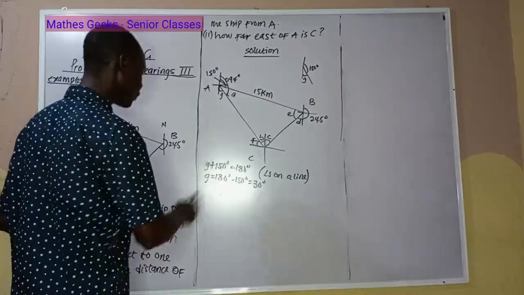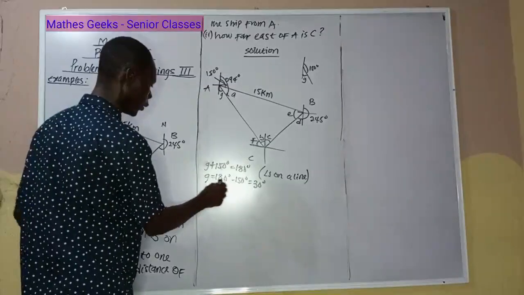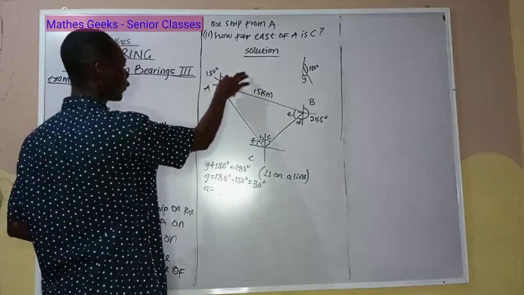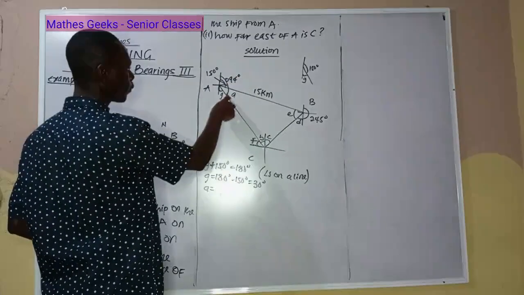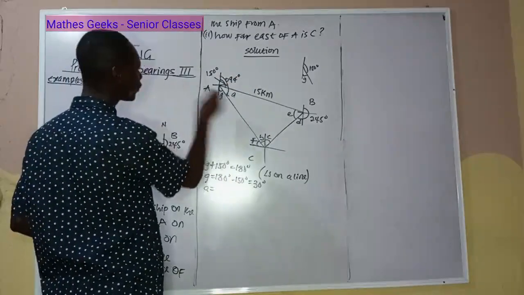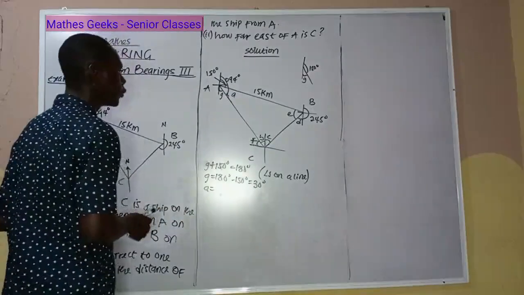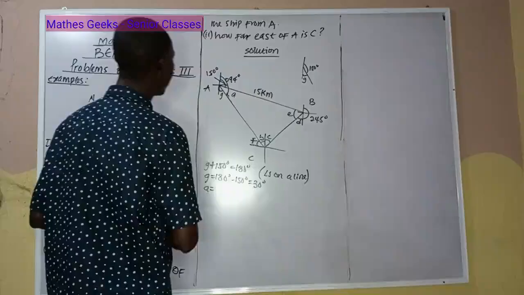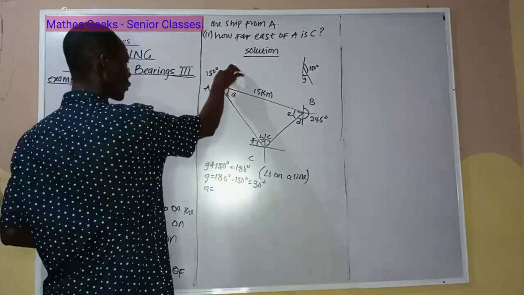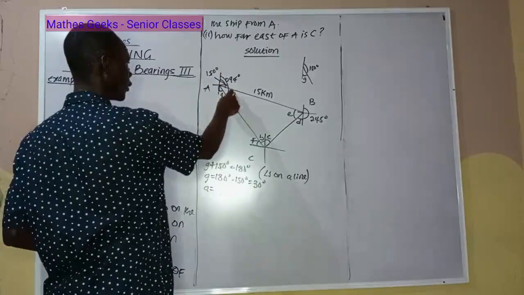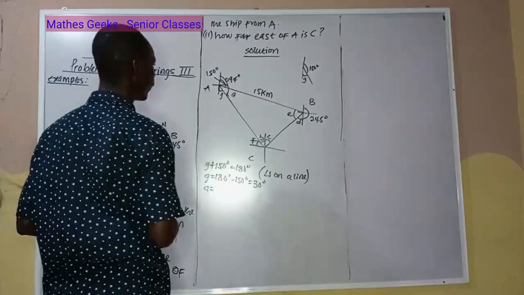So what about A? Our A would be from here to here. From here to here is 150 degrees, and from the north to this line is 94 degrees.